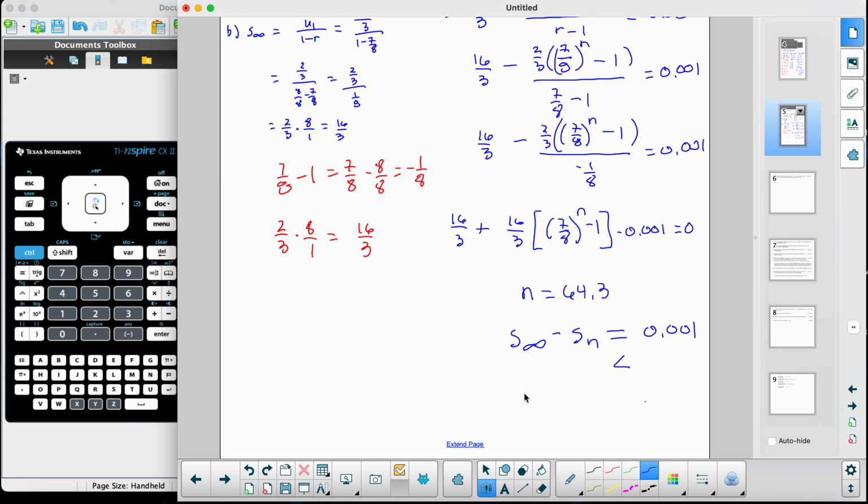So n is either the 64th term or the 65th term. But since it's equal at 64.3, if I went to term 65, it would be greater, but I need it to be less than. So that means it would have to be the 64th term. Another big one. All right, we're going to make that a video, and we'll go on to the next number.